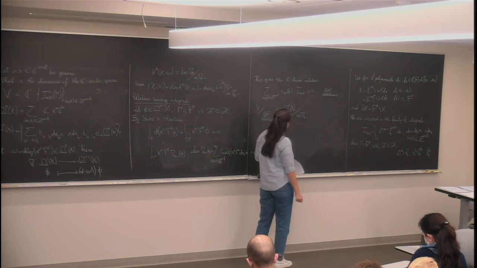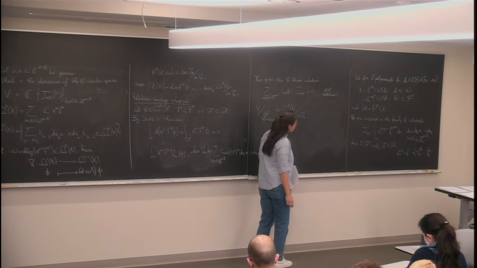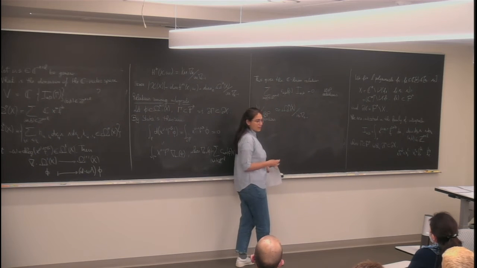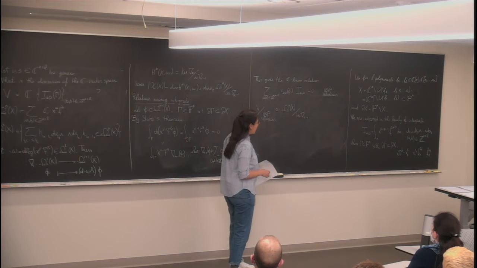So this is saying that computing the dimension of the vector space V is the same as computing the Euler characteristic of X.